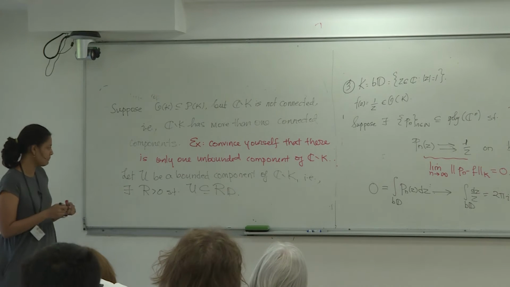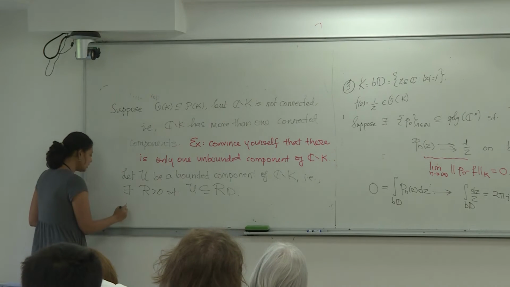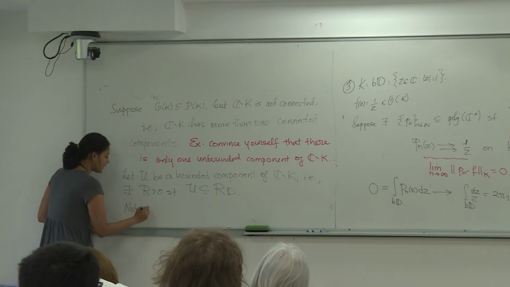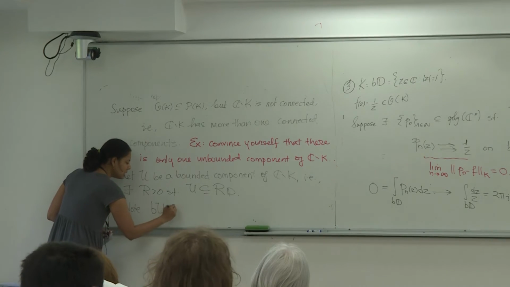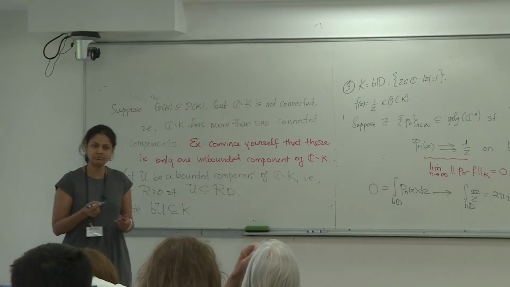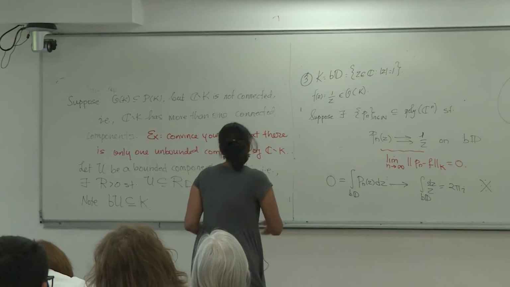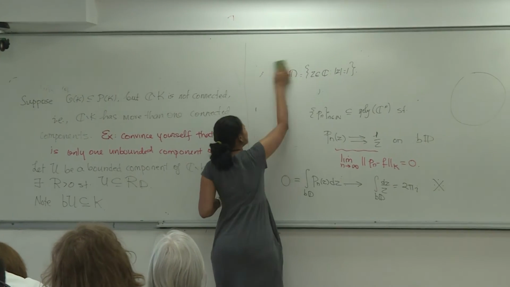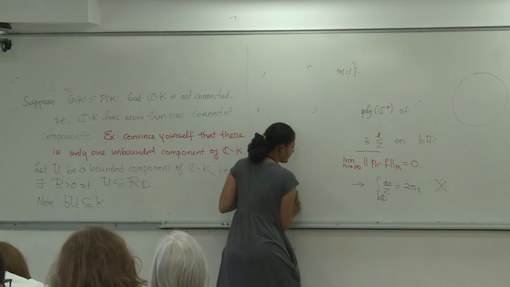Okay, that's what I mean by a bounded component. Also note that the boundary of U must lie inside the set K over here. So let's just quickly run over this argument. This is important.